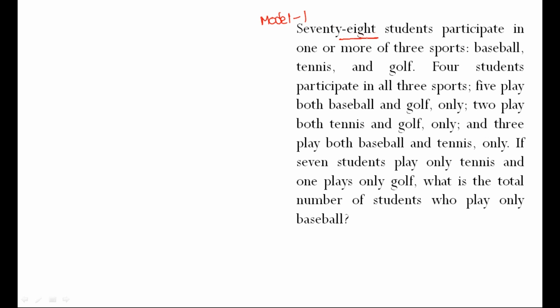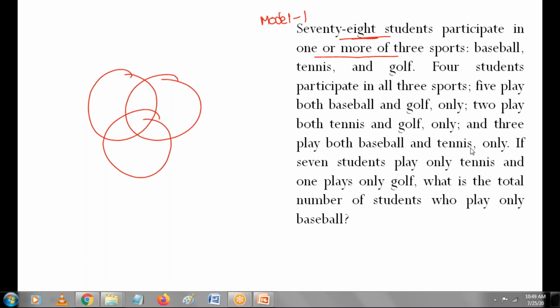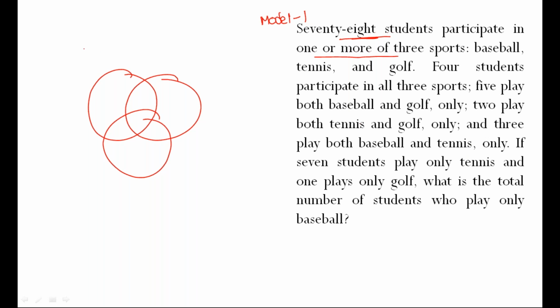Model 1. 70 students play one or more of the three sports. Does anyone have a doubt? Yeah, you have 78 students now.